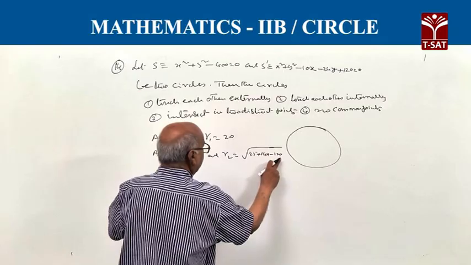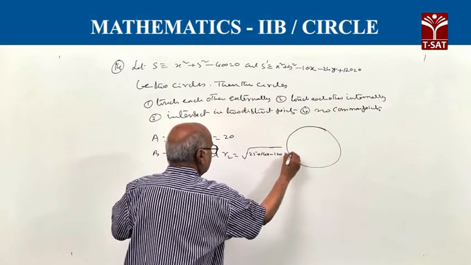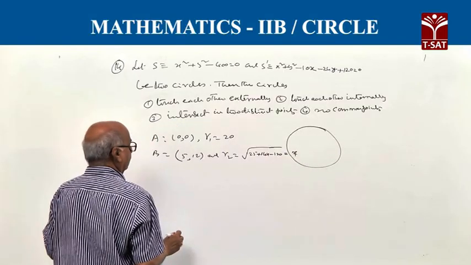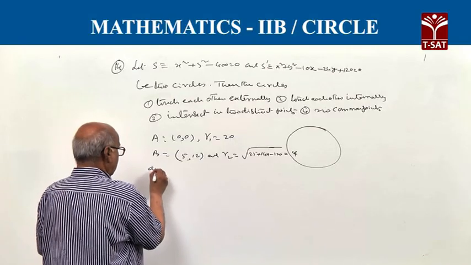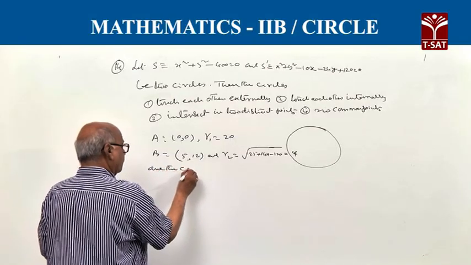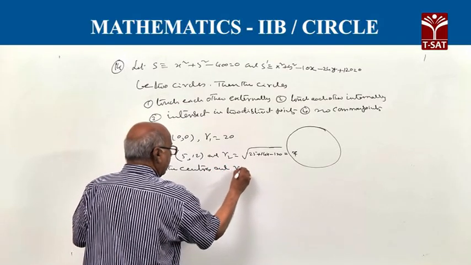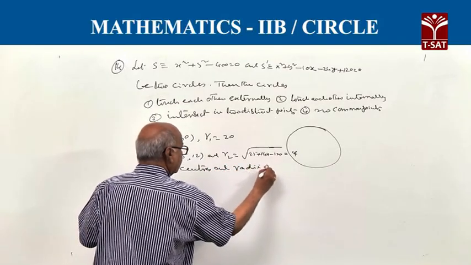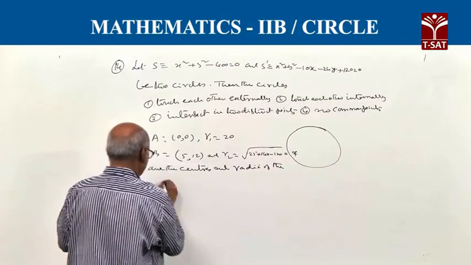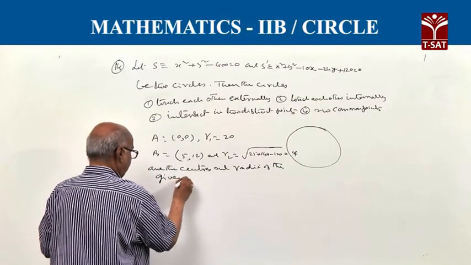So, 169 minus 149 is equal to 7. So, these are the centers and radii of the given circles.